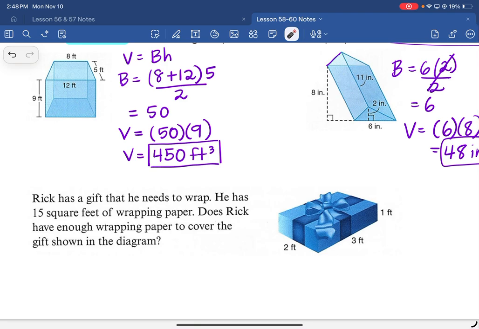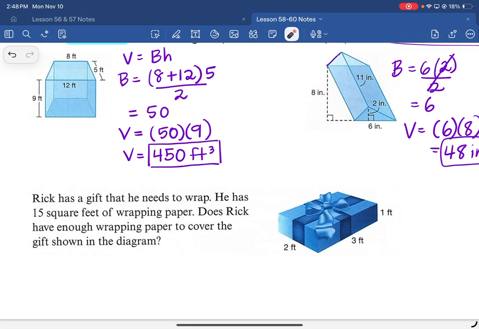Yes. And then you plug it into your formula. 2 of those, 2 6s, so it's 12. So it's 22. Yes. So then you have to answer the question, though. The question didn't ask how much paper he needs. It asked, does he have enough? No. He doesn't because he has 15.